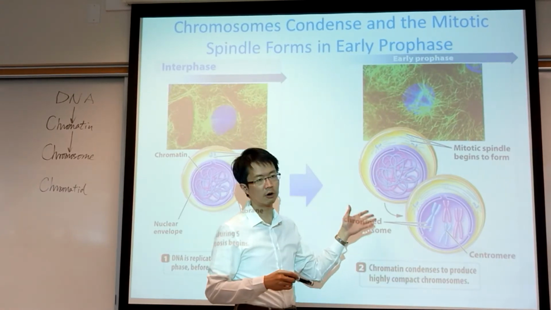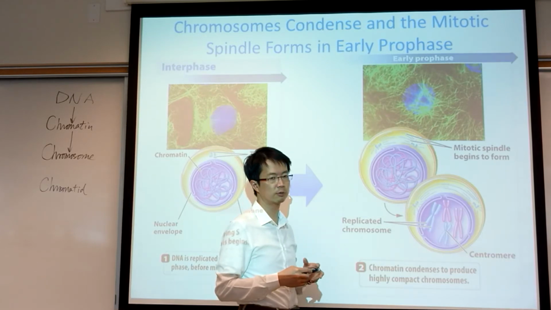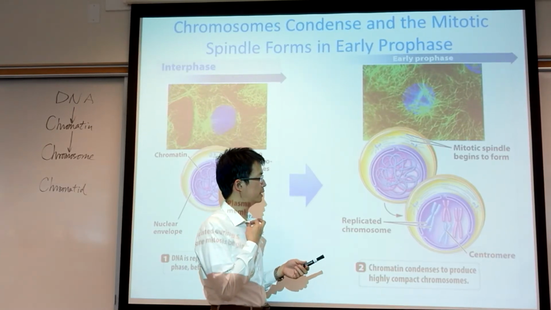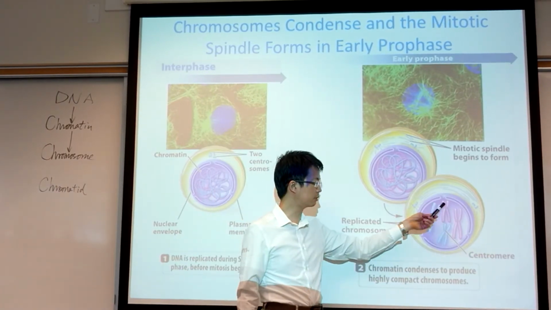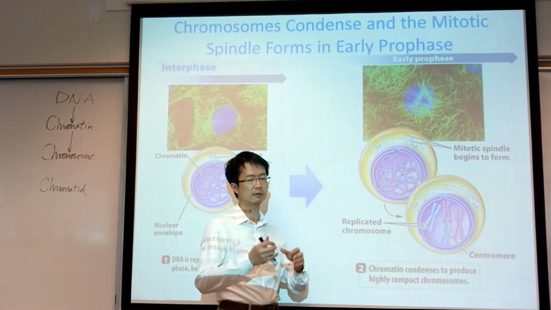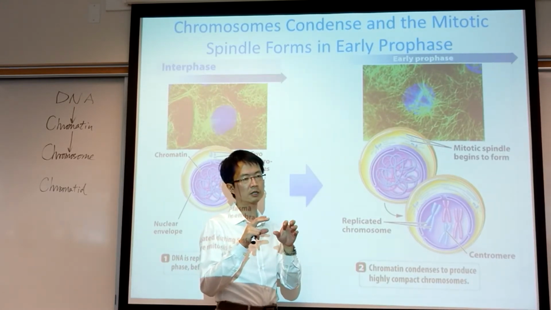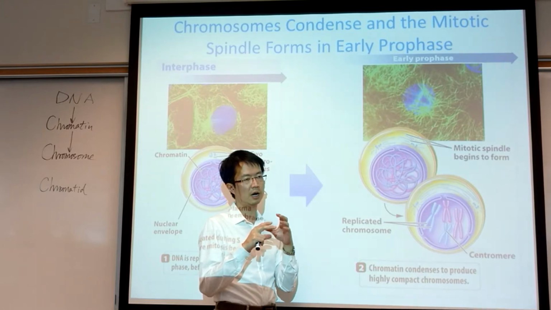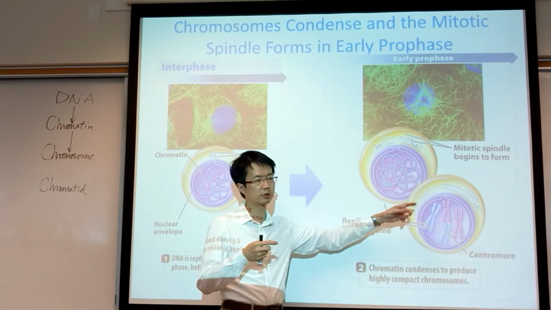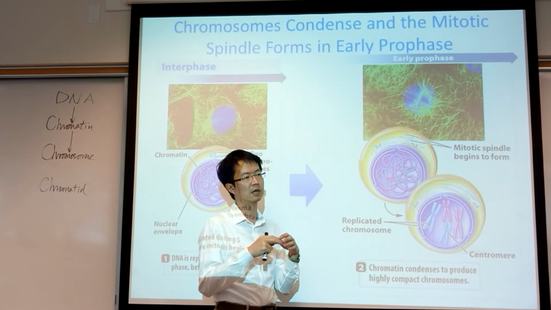And then what happens in the prophase? They divide prophase into early and late prophase, but normally if you look under the microscope, you cannot tell the difference between early and late. In general, in the prophase you will start to see chromosomes. Under the microscope, it's a black dot, but inside the black dot you have some white empty spaces. That is because all the chromatin coils up and becomes chromosomes.